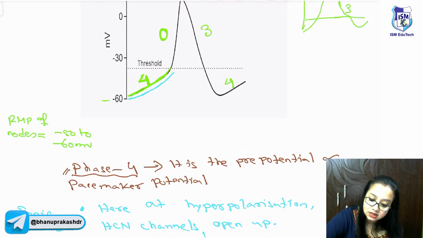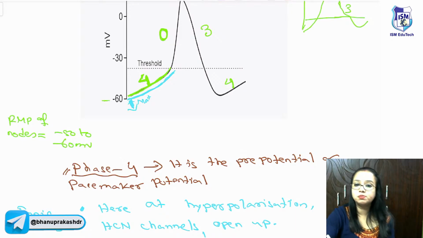It is gaining Na plus, which is positively charged. Minus 60 is more negative than minus 30, or minus 30 is more positive than minus 60, right? So because of the sodium influx, there is an increase in the positive charge.